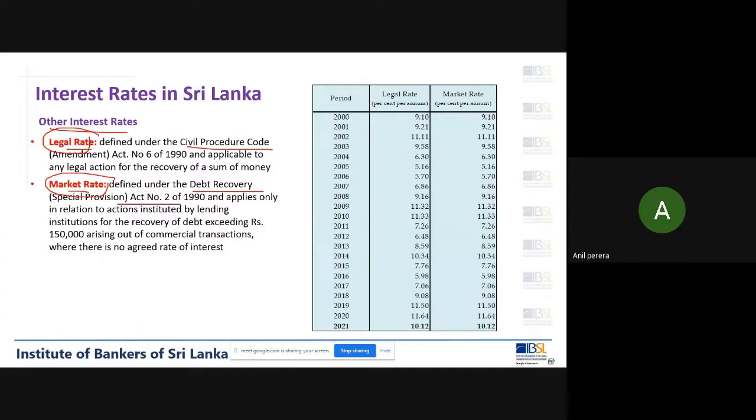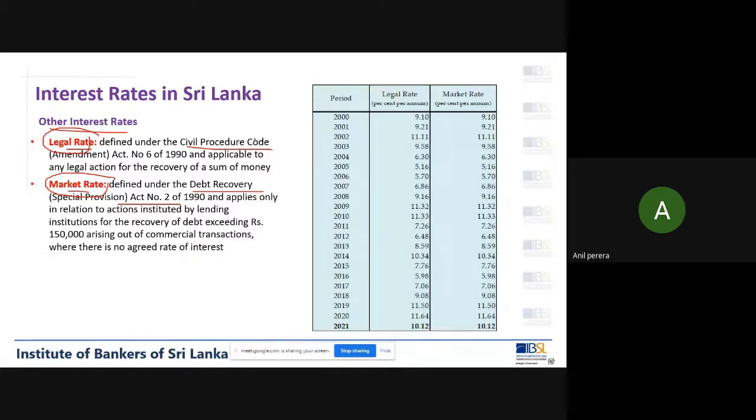Through these different legislations, you have different definitions, but broadly, the two rates are the same. Why is it the same? They are calculated in the same way, taking the deposit rates. So every year, the central bank publishes this rate in the Gazette for the following year. By this December, the rate will be published for 2022.